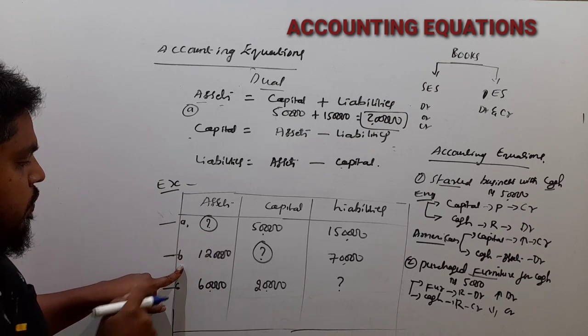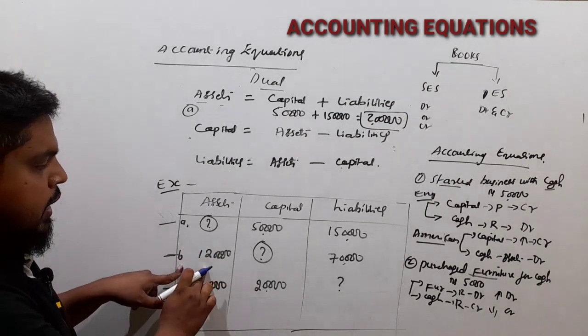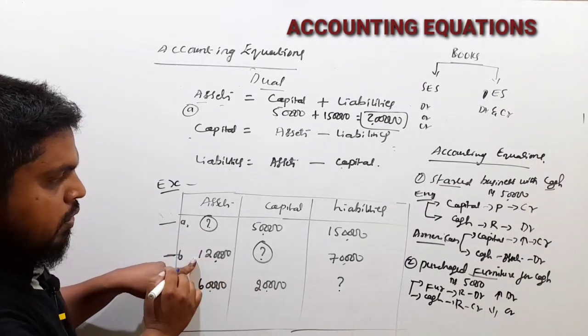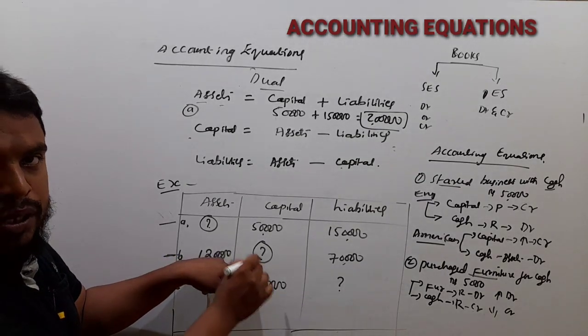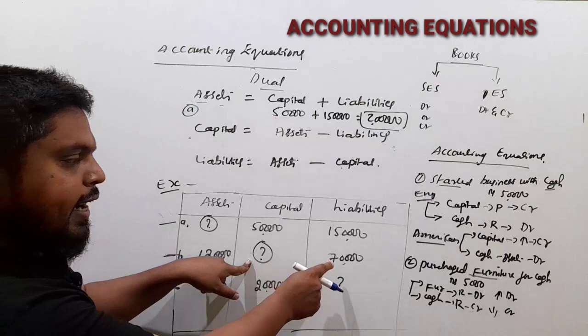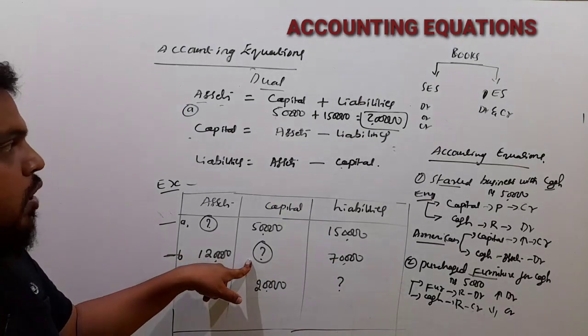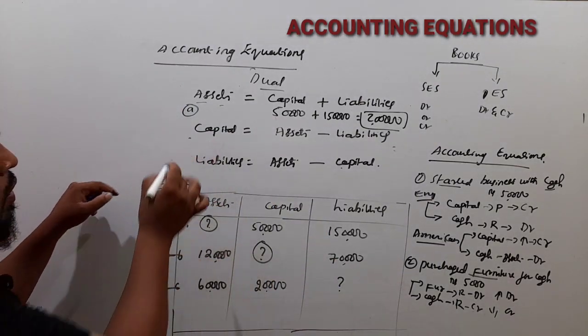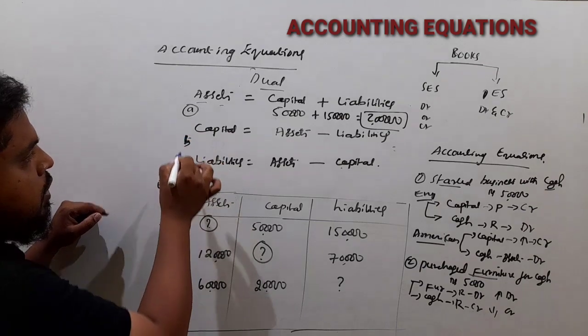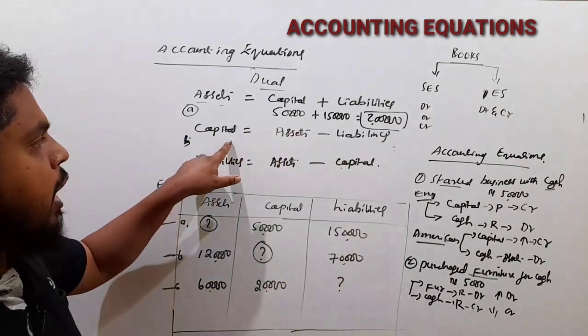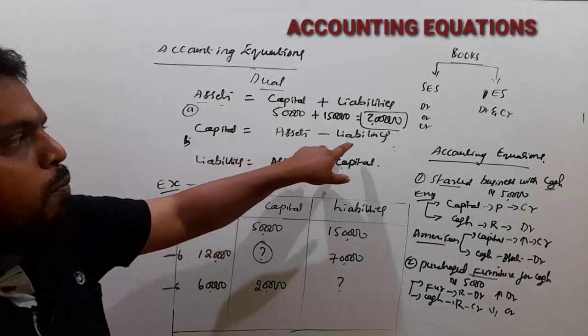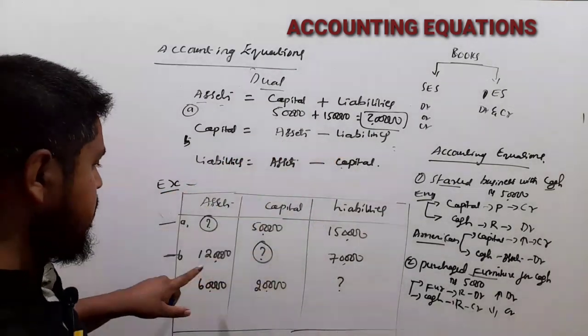Next, second, assets 1,20,000, capital is question mark. So there is missing information, we have to find out capital, and liabilities is 70,000. Now capital is equal to assets minus liabilities. To find out capital, from assets you have to minus liabilities.